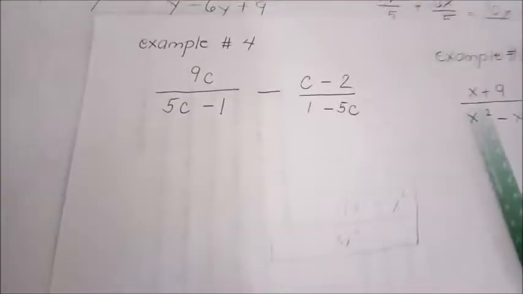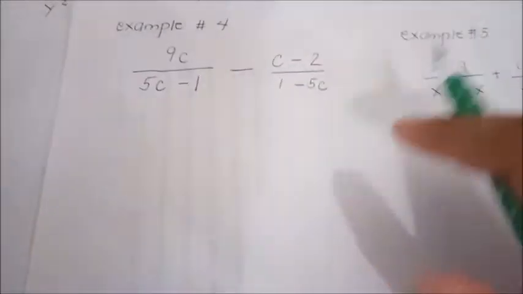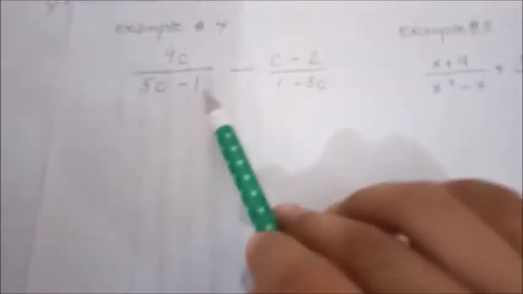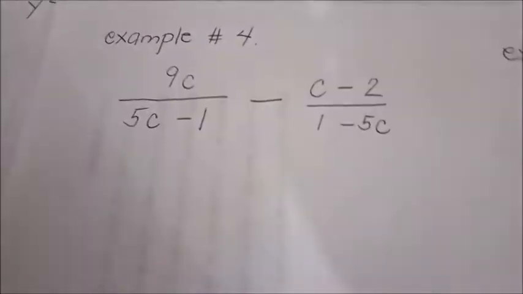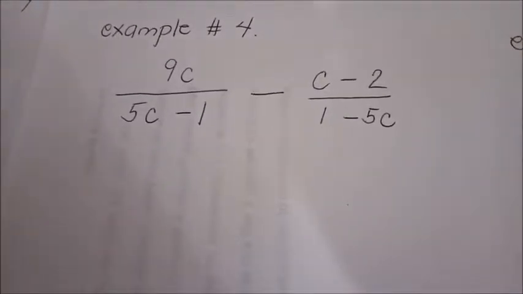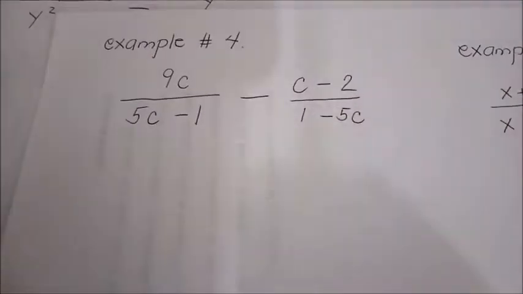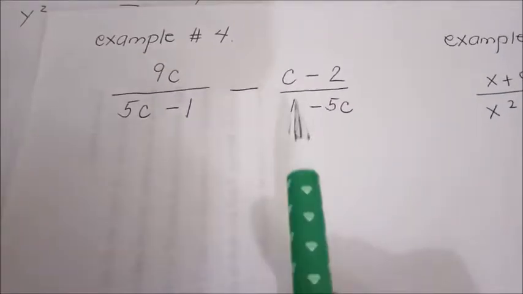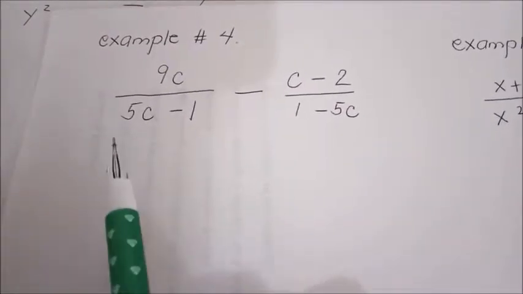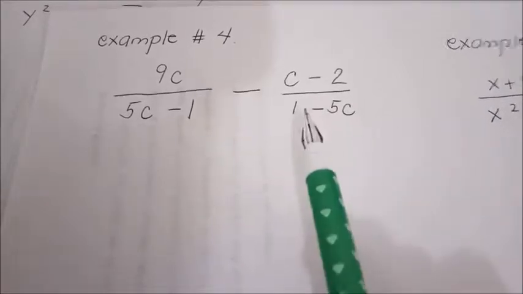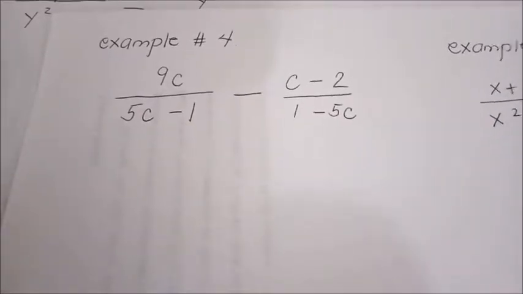Okay, example number 4. Factoring muna tayo. We have here, ayan, reverse yung order ng ating terms. We have 9c over 5c minus 1 minus c minus 2 all over 1 minus 5c. Okay. So, kapag ganyan ang ating given, diba, mapapansin nyo nagkapalit lang sila ng position. Okay? So, balikan yung lesson about negatives.